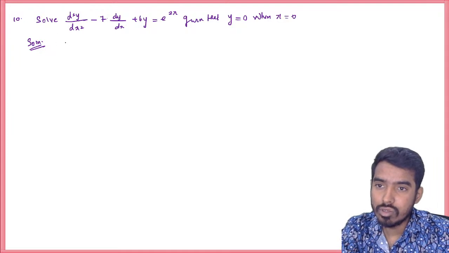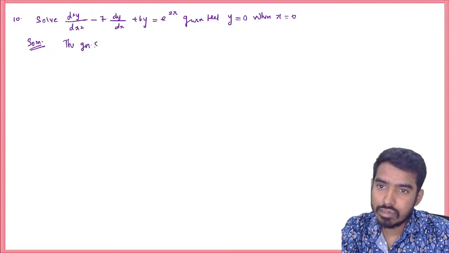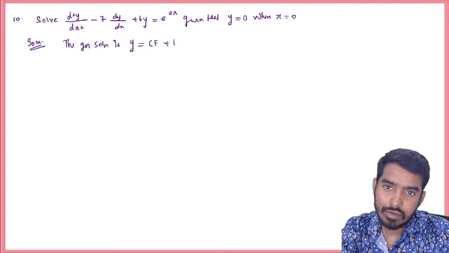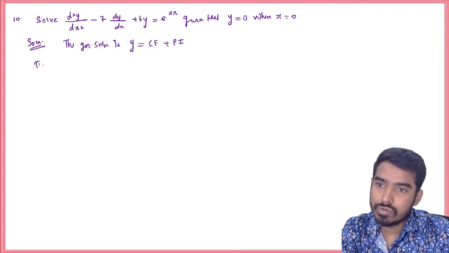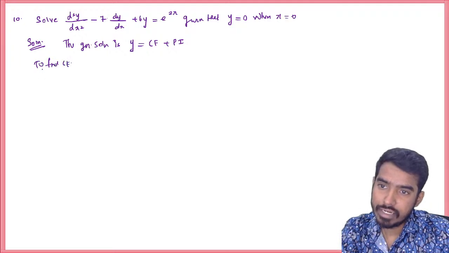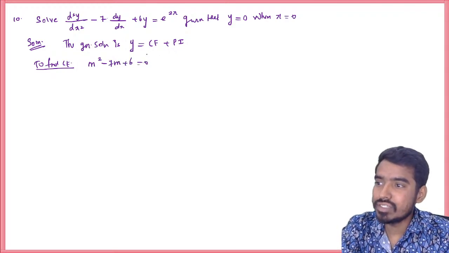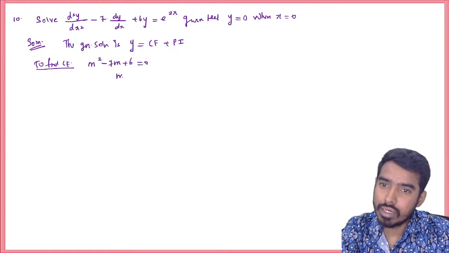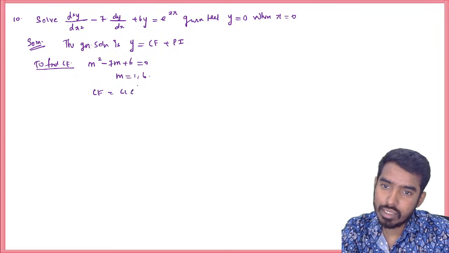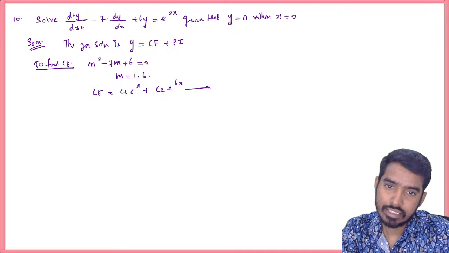Just write it down. So therefore, the general solution is y is equal to CF plus PI. First we will find CF, the characteristic function. The auxiliary equation is m square minus 7m plus 6 is equal to 0. Solve this equation, you will get roots equal to 1 and 6. Therefore, your characteristic function is C1 e power m1x plus C2 e power m2x. Let us call this 1.